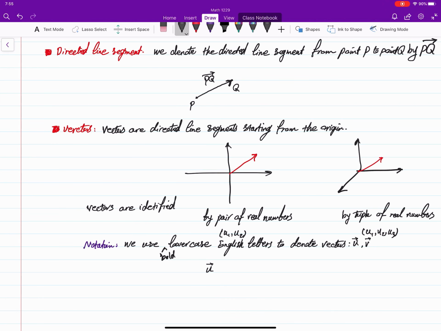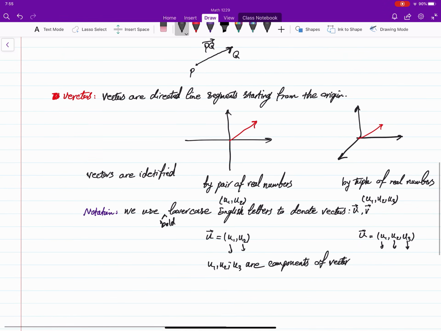And the other difference with a point is that you don't put that right up front. You put an equality, where U here is U1, U2, U3. And before we called these numbers the coordinates, now these are going to be called components of vectors. U1, U2, U3 are components of the vector that we choose.